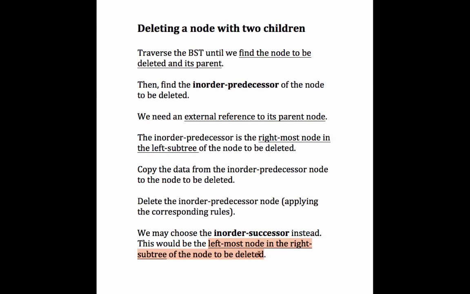So here we reverse. The in-order successor is in the right subtree and is the leftmost. It really doesn't matter which choice you make as long as you find the correct in-order predecessor or the correct in-order successor. Then you copy the value into the node to be deleted, and then you delete the in-order predecessor node or the in-order successor node.